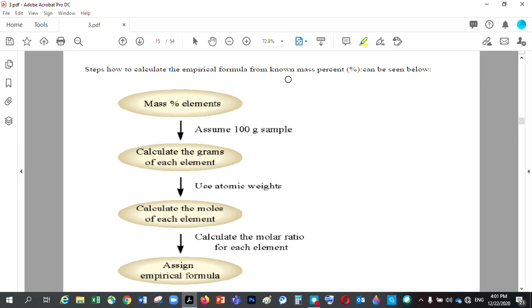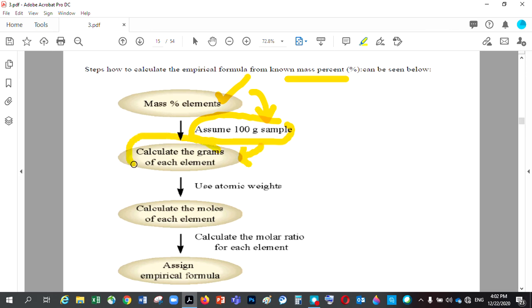So we'll start with the mass percent given to us. The first step: I have to assume that this mass percentage, 100%, is 100 grams. From there, I get the number of grams.